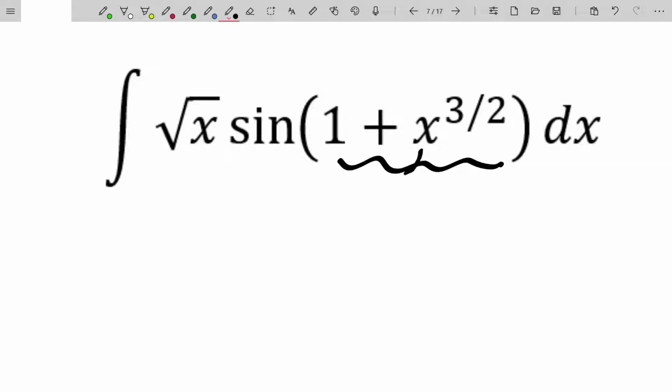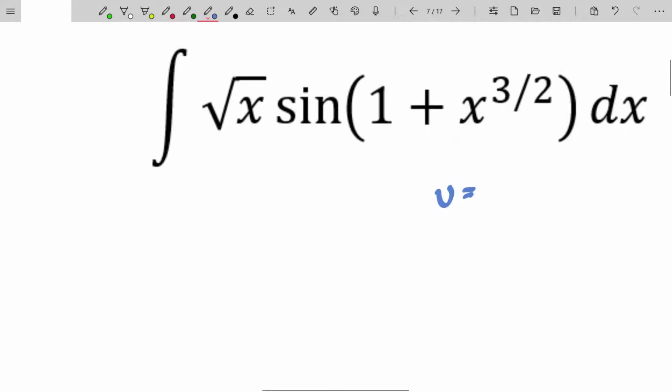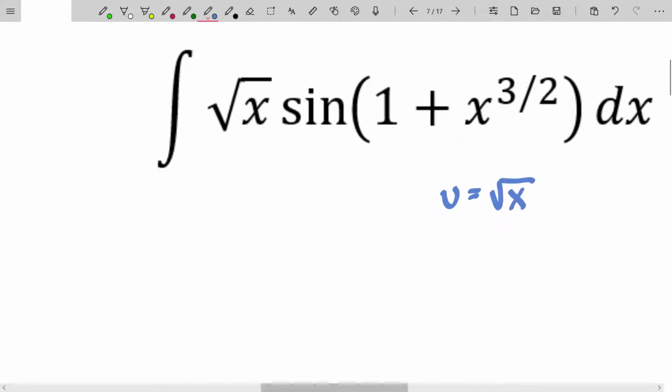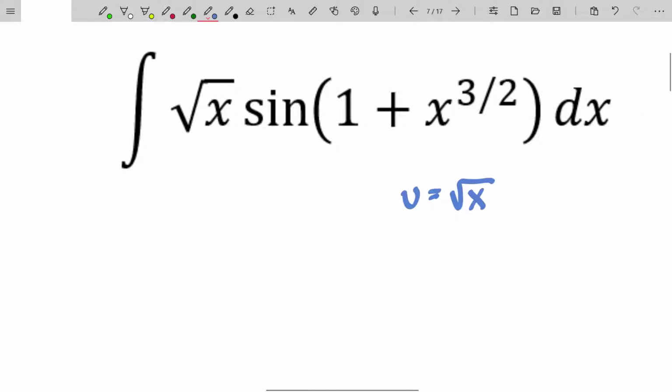So rather than doing a simple sub, my choice is for you here. I could say U is equal to the square root of X, actually. I could. But then that would trade that out, right? That would be a U. But what would I do with this? That'd be a bit of a mess. And also, square root of X is not the largest thing I can grab here.